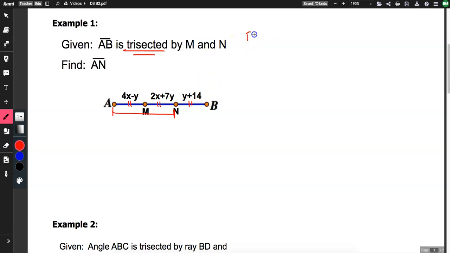So the first one that I did, I said 4x minus y equals 2x plus 7y. And then I like to just get all the variables on the same side. It doesn't really matter how you simplify. It depends on what method you want to use. So I subtracted 2x, and then I'll subtract 7y. So now I have 2x minus 8y equals 0.